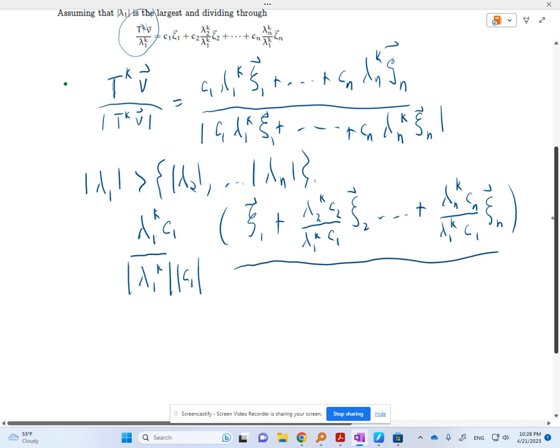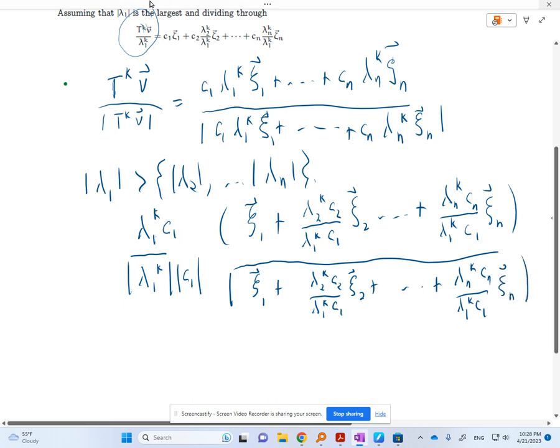Then on the bottom, I'm going to have something similar. If I factor out lambda 1 and the c, in fact, it's going to be the same thing, the norm of the same vector. Lambda 1 plus lambda 2 to the k, c2 over lambda 1 to the k, c1, zeta 2 plus dot dot dot plus lambda n to the k cn over lambda 1 to the k c1 zeta n.